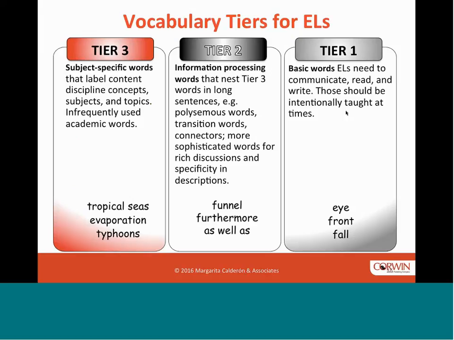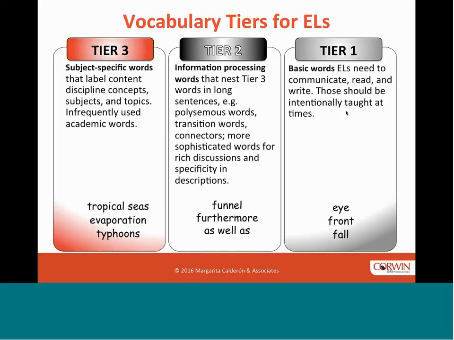Teachers teach vocabulary through the 3 tiers. For instance, if they're going to teach something on weather, they'll select words like tropical seas, evaporation, typhoons, because these are subject-specific words. However, without the information processing words, those tier 2 words that nest those tier 3 words in very long sentences, sometimes it will be very difficult for students to understand.